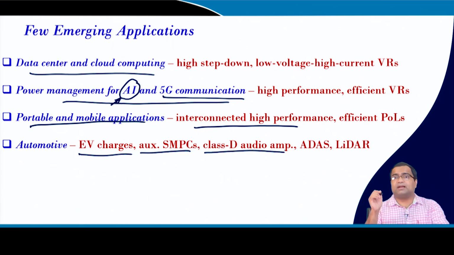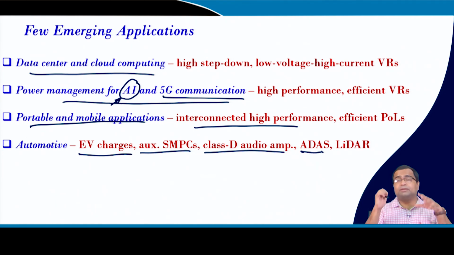Class D audio amplifier is one of the big areas where GaN devices are coming, and where we need to achieve high fidelity, so the audio amplifier should have extremely low distortion, right.